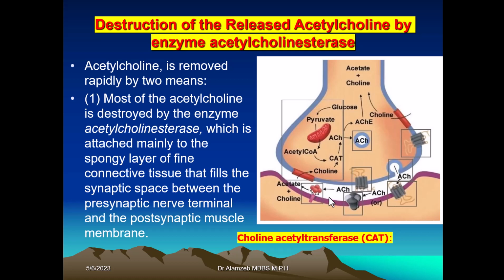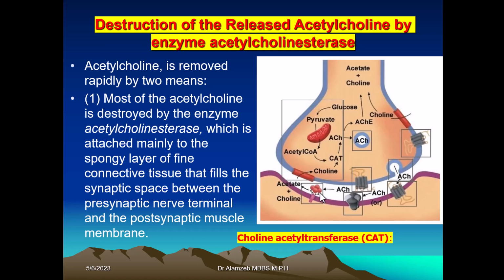mainly attached to the spongy layer of fine connective tissue that fills the synaptic space between the presynaptic nerve terminal and the postsynaptic muscle fiber. This is the presynaptic nerve terminal, and this is the postsynaptic muscle fiber.